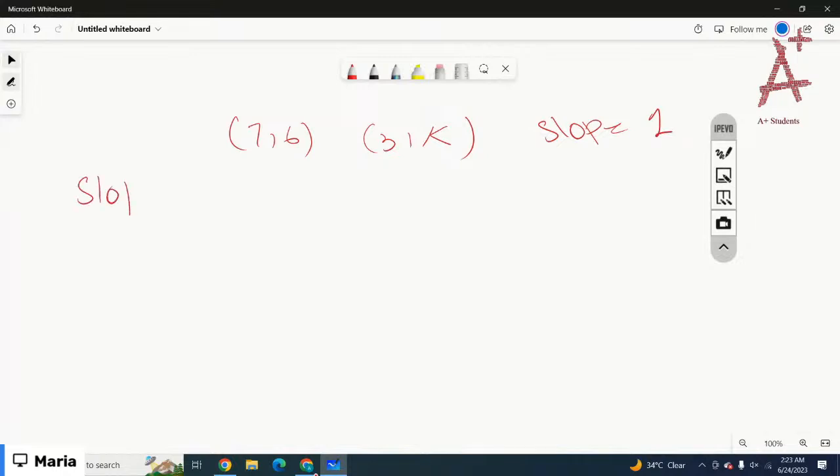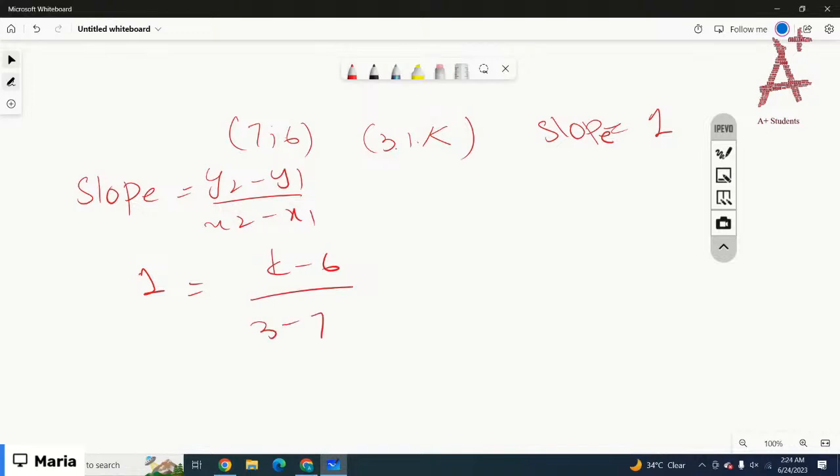So we know that slope equals y2 minus y1 divided by x2 minus x1. So it would be slope is 1 equals y2 minus y1, k minus 6, over x2 minus x1, 3 minus 7.